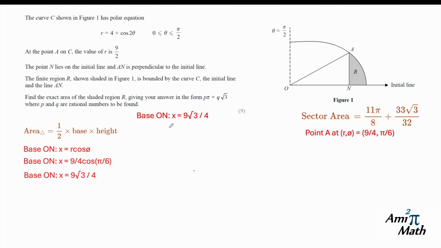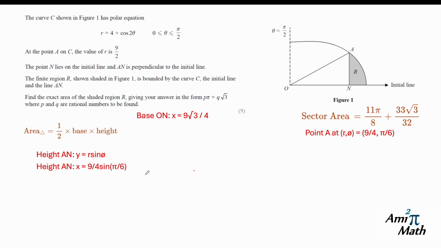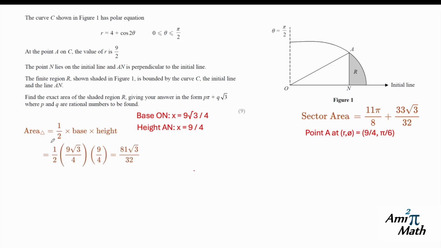So this is our base. To work out the height, we do y equals r sine theta, as this is our y. Putting those values back in, we're left with 9 over 4, so our height is 9 over 4. Then we put these values back into the area equation, and that gives us 81 root 3 over 32.